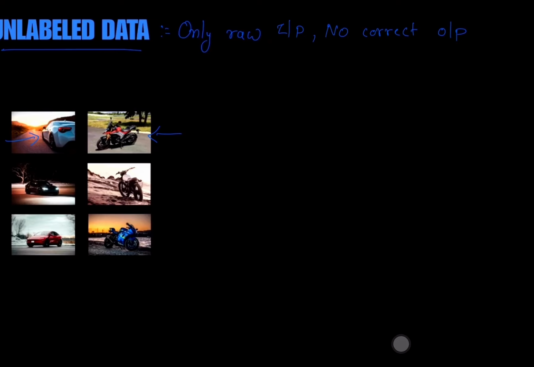What my model will learn is that these are the images that are similar and these are the images that are similar. Here there will be 4 wheels, a closed body, 2 front lights, and mirrors, whereas here only 2 wheels are there, one in the front and one in the back. Based on that, the model will learn that this is one group and this is another group.